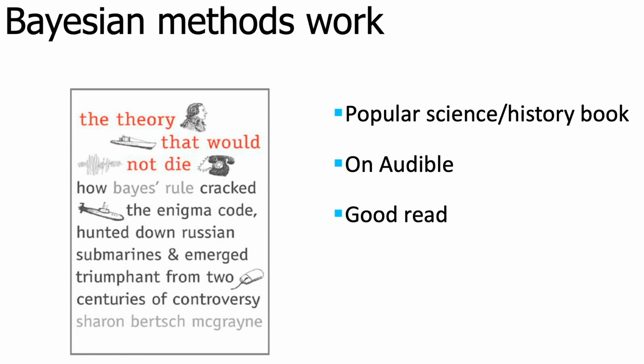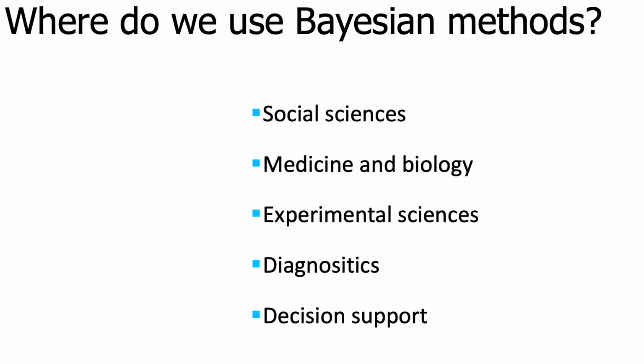So this is a very good book, A Theory That Would Not Die. You can find it on Audible if you like to listen to audiobooks. I'm not sure, I haven't seen it in Polish, but perhaps there is. It's just a history book, starting from Thomas Bayes and Pierre-Simon de Laplace, about how it moved through history and how it landed here and is being used very frequently.